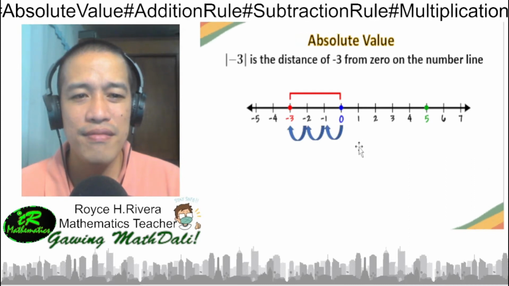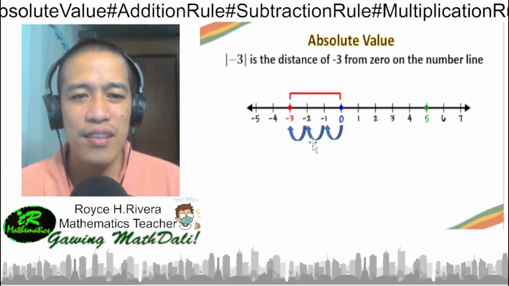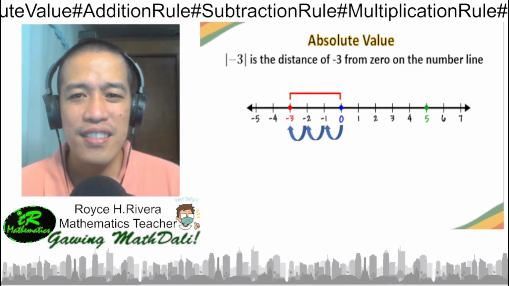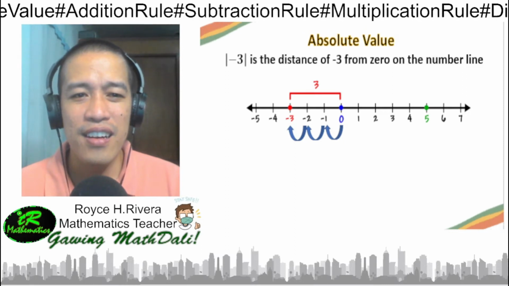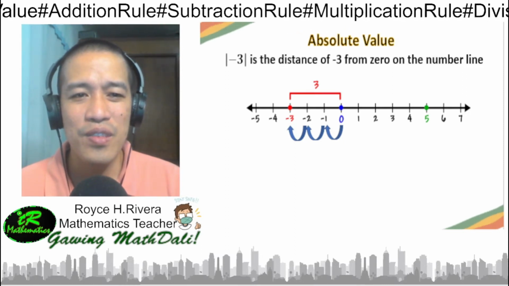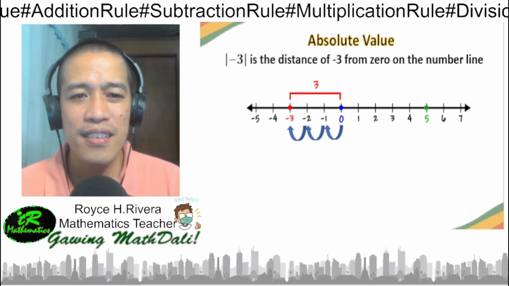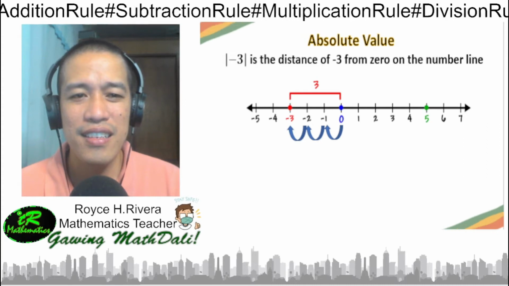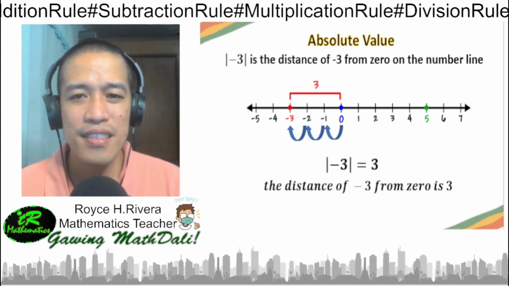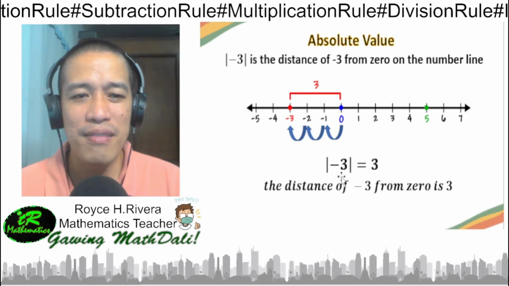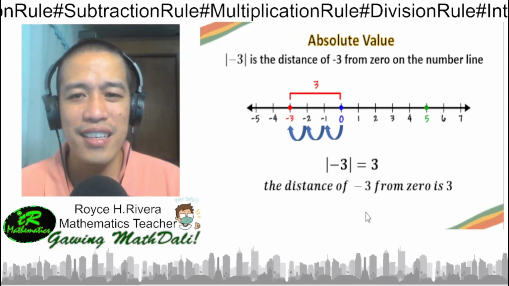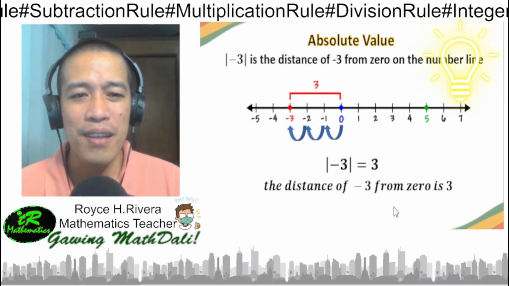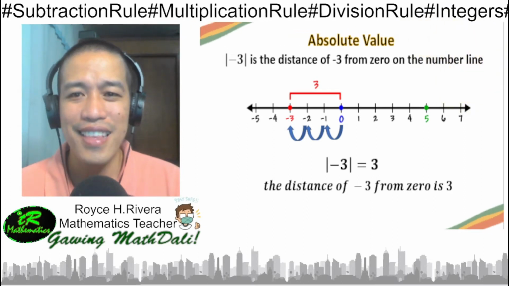We will have 1, 2, 3. So there are 3 units from 0 to negative 3. It means that the absolute value of negative 3 is 3 because the distance of negative 3 from 0 is 3.